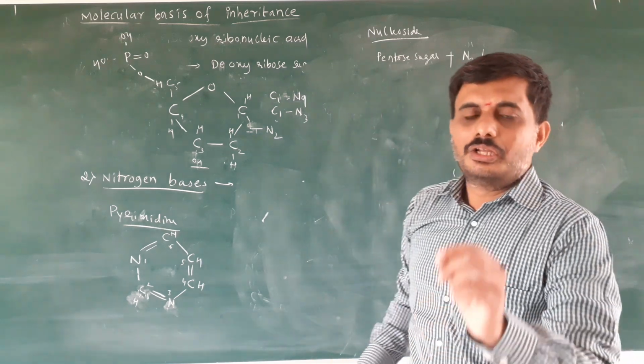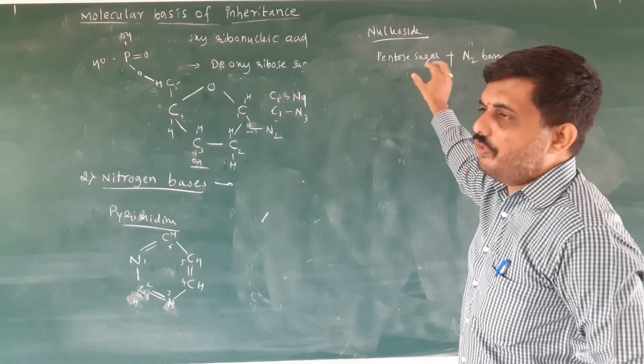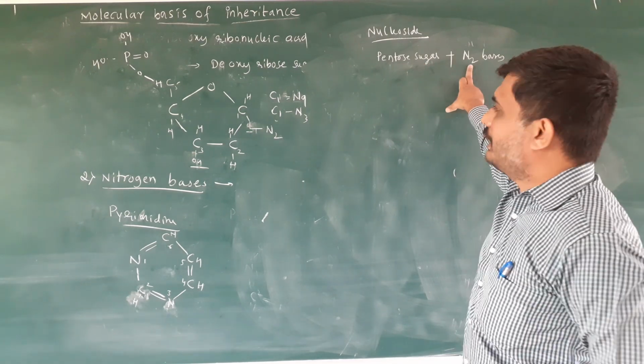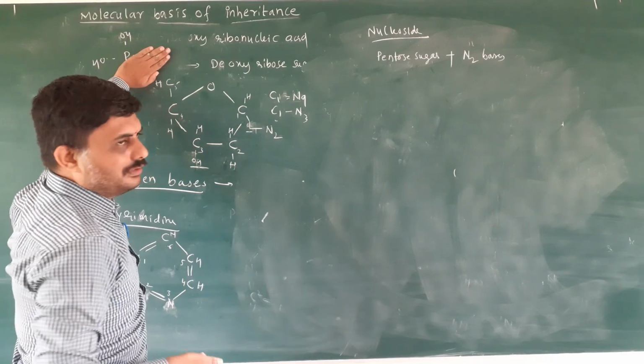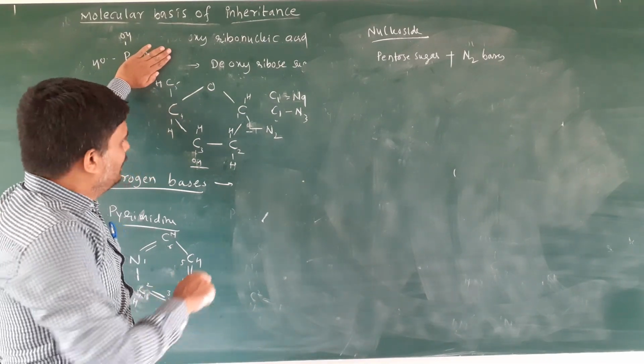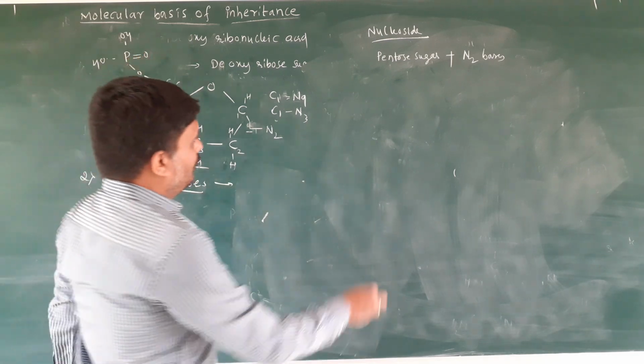The joining of the pentose sugar with the nitrogen base, without the phosphate group, is called a nucleoside.